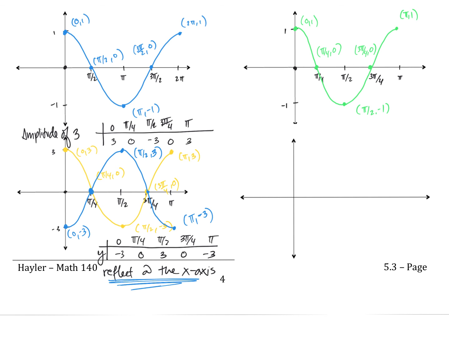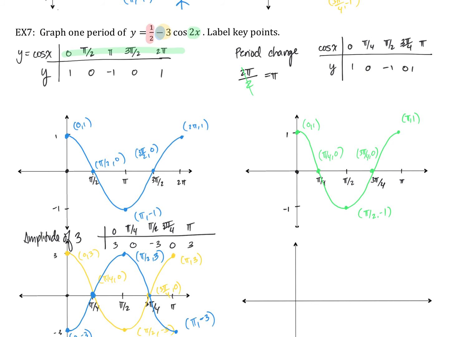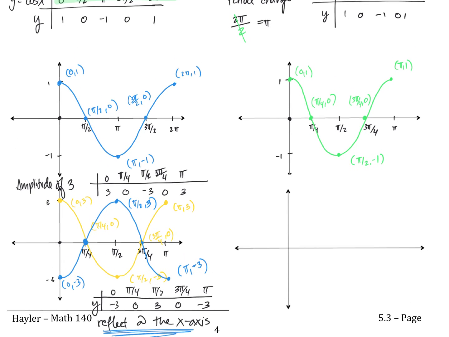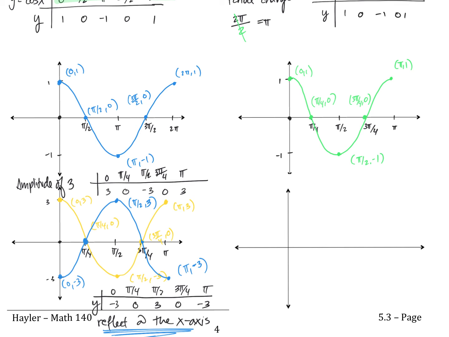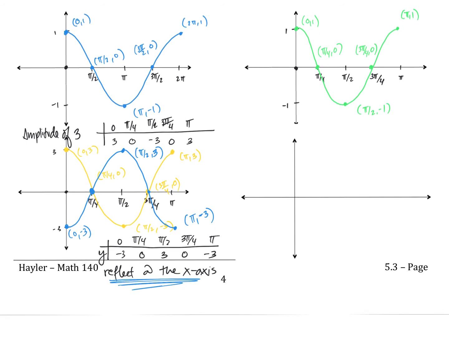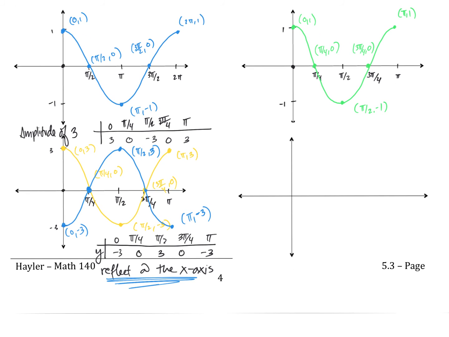And lastly, what transformation do we have? We have in red the half. Since it's on the outside, that is going to be applied to our y values. So once again, anything on the inside is applied to your x values, or another way of thinking of it would be your pi values. And the values that are on the outside of the cosine are going to be shifting your y values. So we go ahead and write out the pi values again.